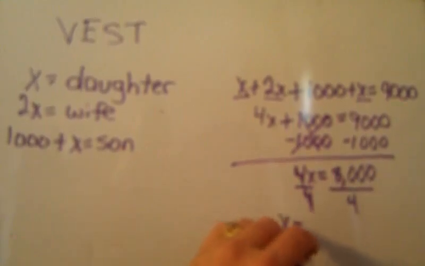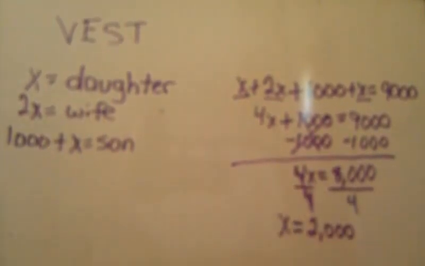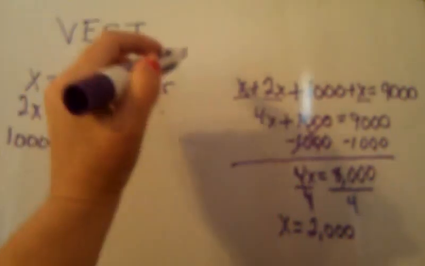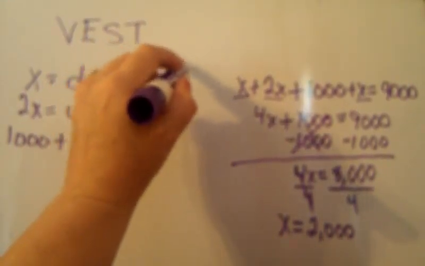X equals 8 divided by 4 is 2. So x equals $2,000. You have to remember this is money. So the daughter received $2,000.